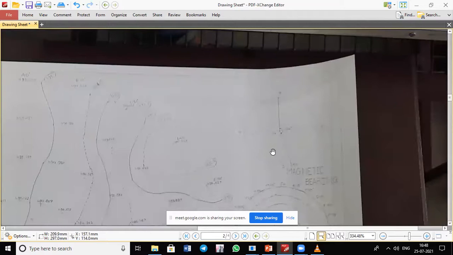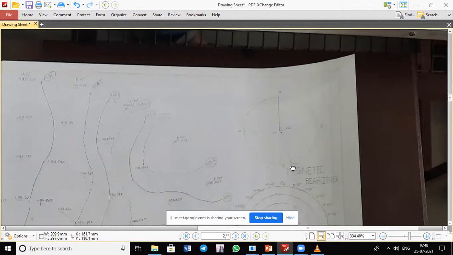draw the magnetic bearing of the line. From the O station, where we had kept the instrument, with respect to north, whatever angle was measured, we plot it here.